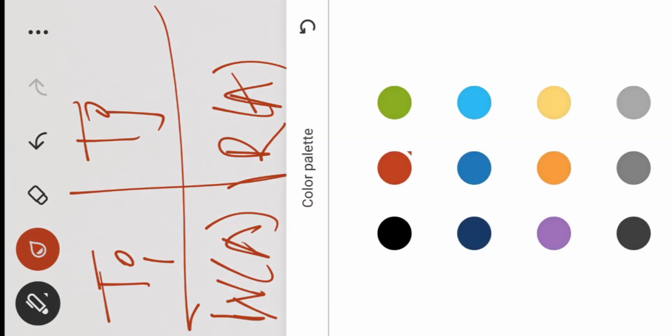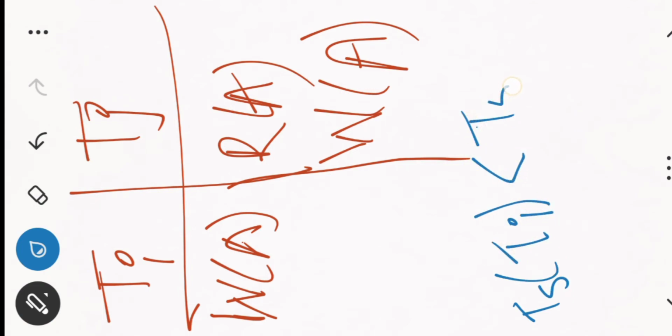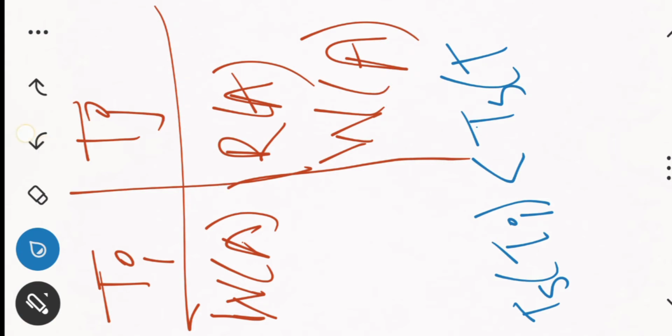Then you can see the timestamp of transaction Ti is definitely less than the timestamp of transaction Tj. For example, this is happening roughly around 1 p.m. and this is happening around 3 p.m. So the timestamp of transaction Ti is less than the timestamp of transaction Tj. In that case, the transaction Ti is allowed to wait.